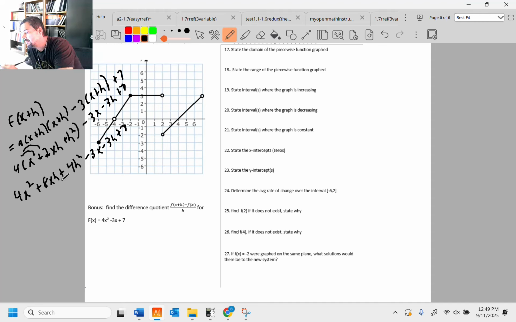So all of this, and it says take away the original function. So take that away. And I'm just going to wrap it in a set of parentheses. And it's all sitting pretty over h.